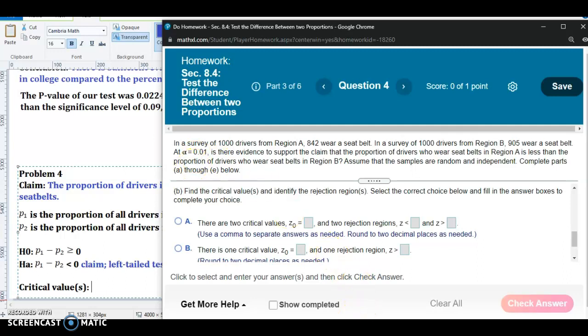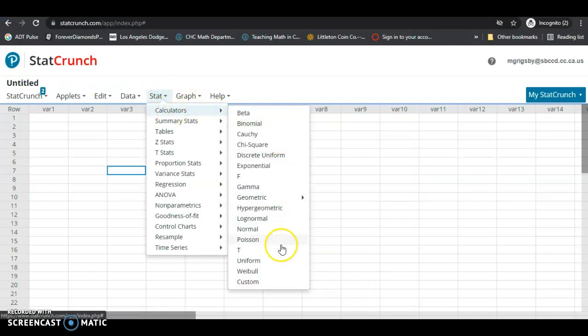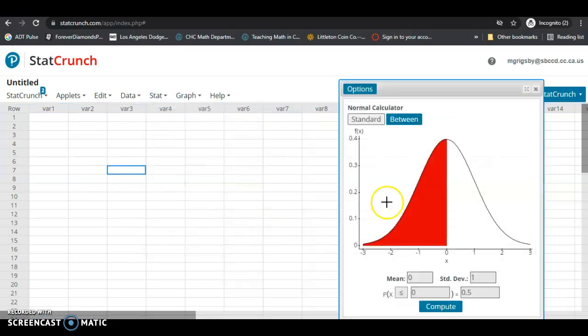So we're going to do this in StatCrunch once again to get the critical value. Open up the normal distribution calculator. For a left-tailed test or right-tailed test, make sure standard is selected. For two-tailed tests, you're going to select between. It's left-tailed, so select standard. Leave the mean and standard deviation alone.